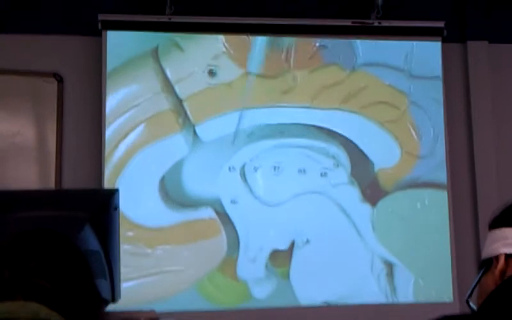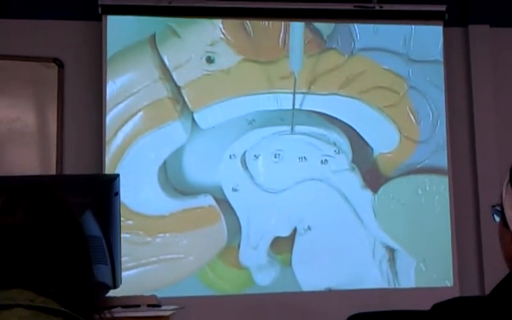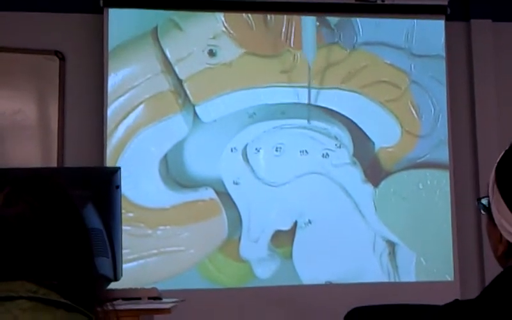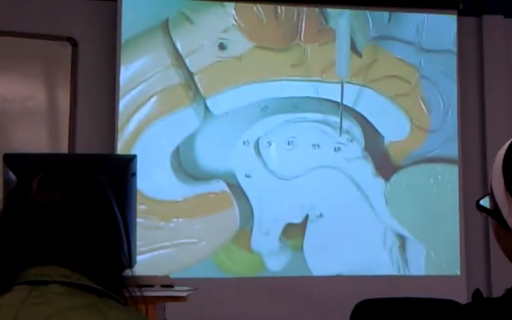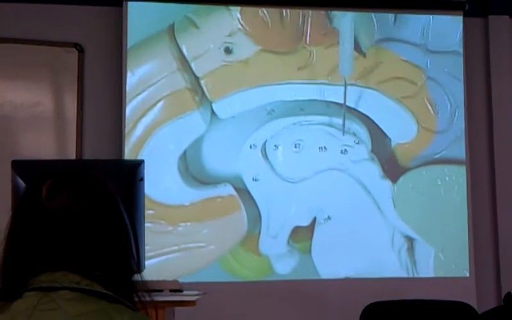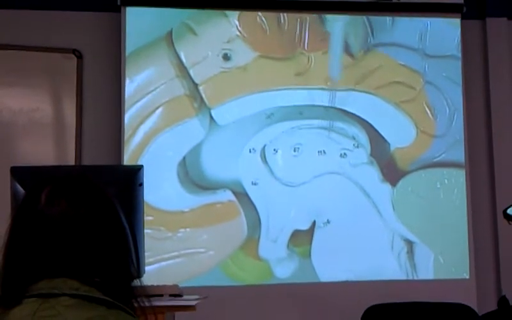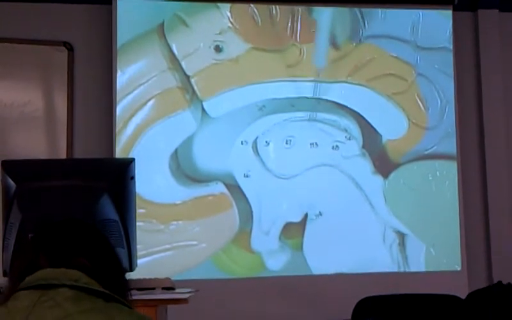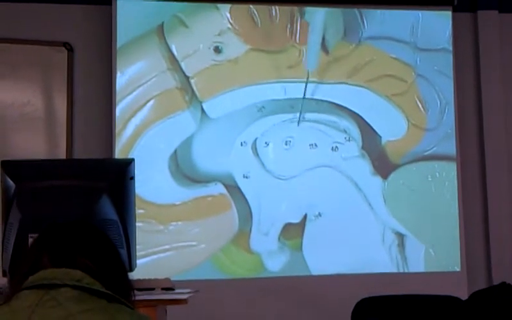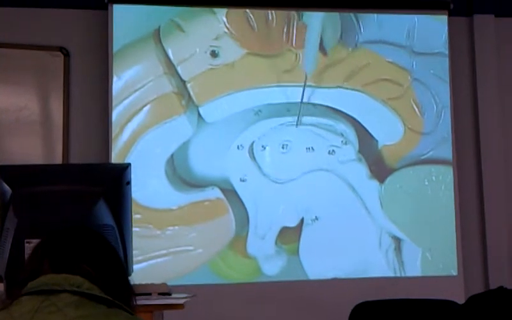Okay, now, when you look on top of the thalamus, you see this area here. This area here, again, should be colored pink or red. It's not. This area right here is the choroid plexus of the third ventricle. So it's right on top of the thalamus, if that helps.